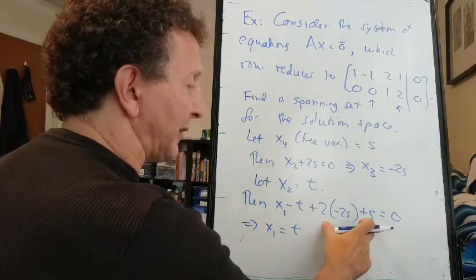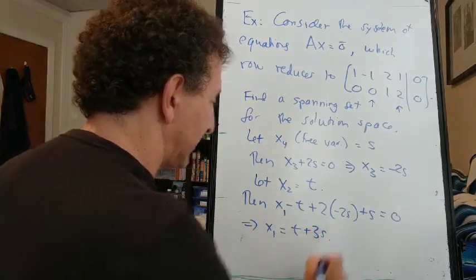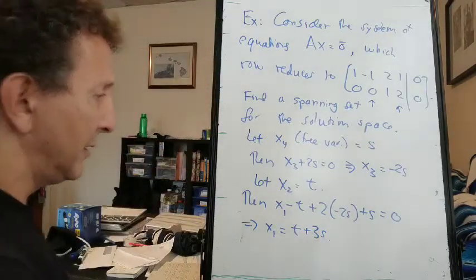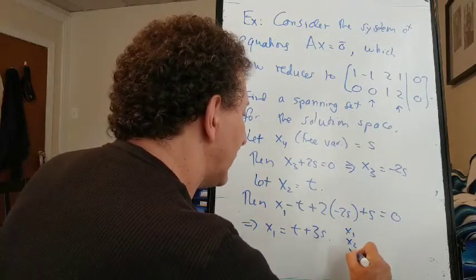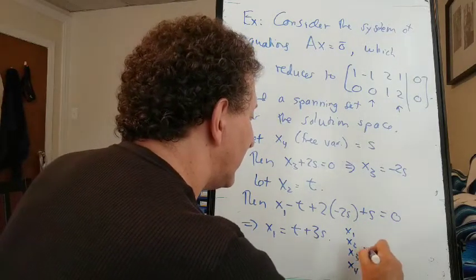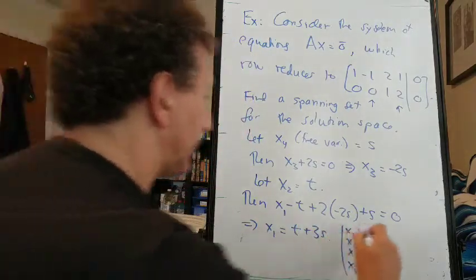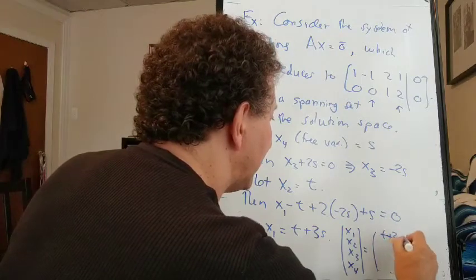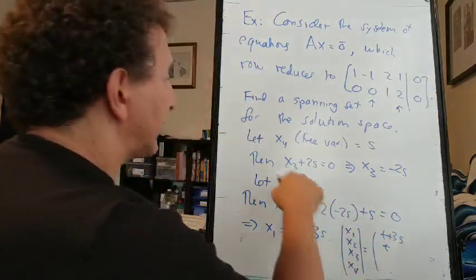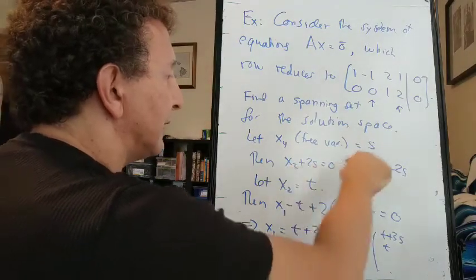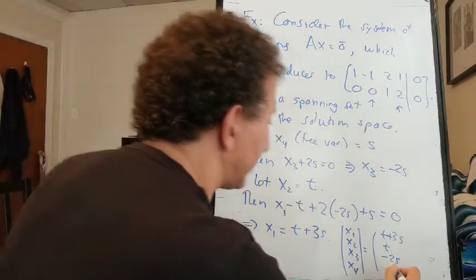So this together is minus 3s. Put it on the other side, it becomes plus 3s. So x1, x2, x3, x4 equals x1 is t plus 3s, x2 is t, x3 is negative 2s, and x4 is s.